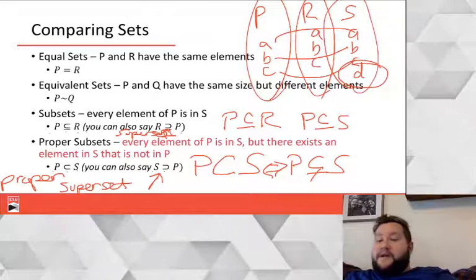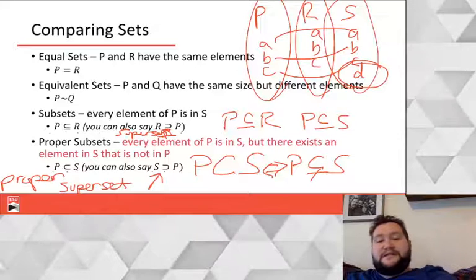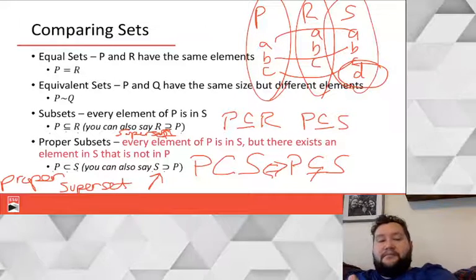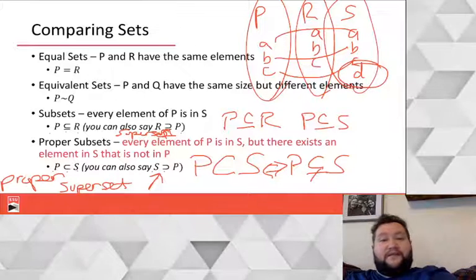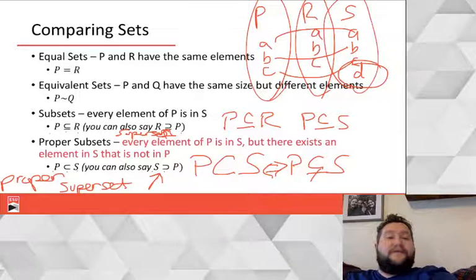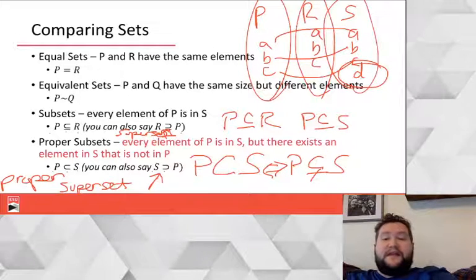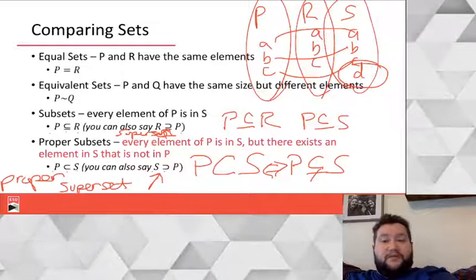And that's precisely why we're introducing this, because as we move on to the number systems and comparing numbers, it's going to turn out that equal sets correspond to our equals. Equivalent would be like 2 plus 3 is equivalent to 4 plus 1.